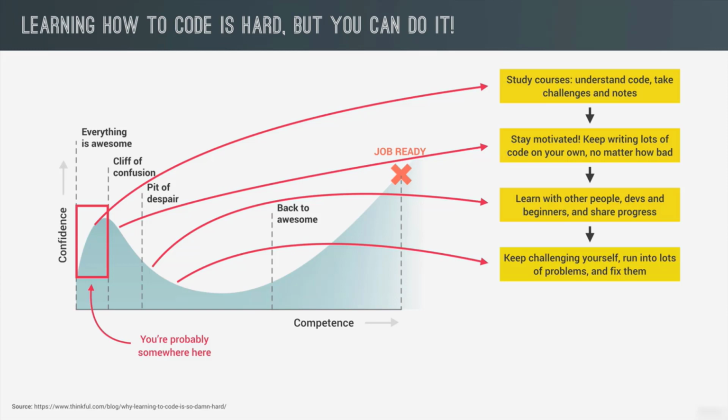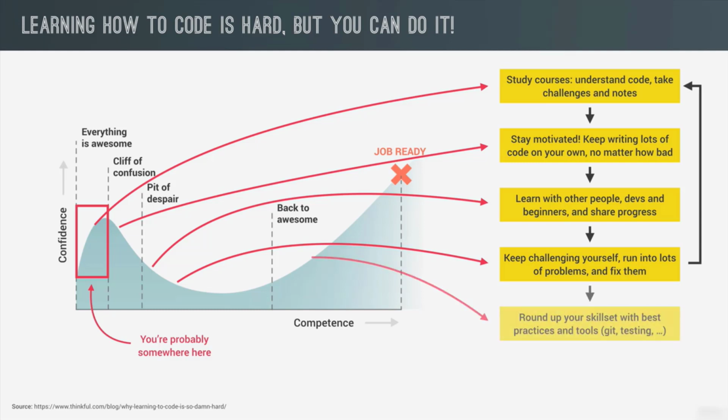Now you can either start learning new technologies, or you can start rounding up your skill set with best coding practices and tools that you will need for jobs, for example, like version control, testing, task runners, etc. If your goal is to find a new job, you're probably starting to be ready to apply for jobs. You need many things for that, like a really good portfolio, but that is a topic for another day.